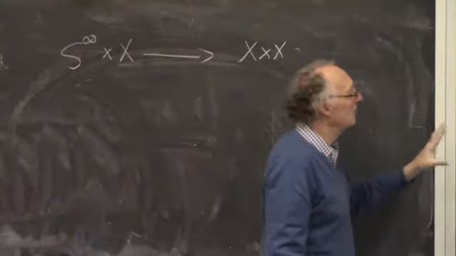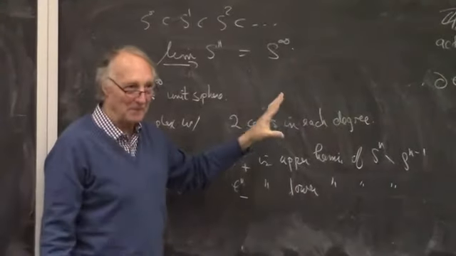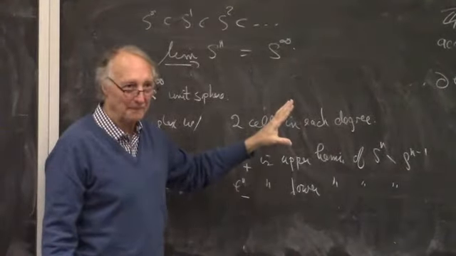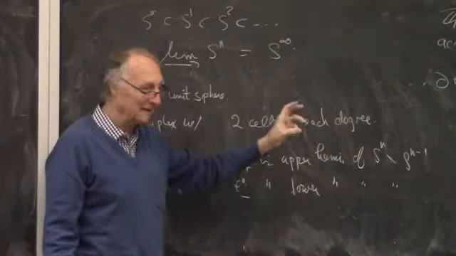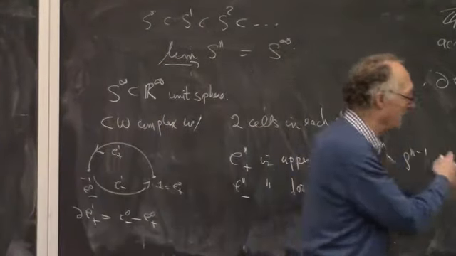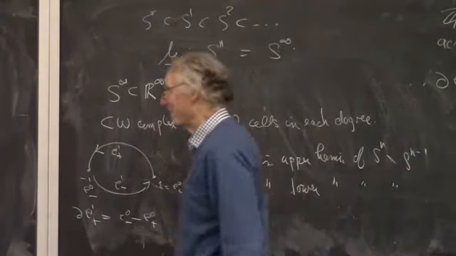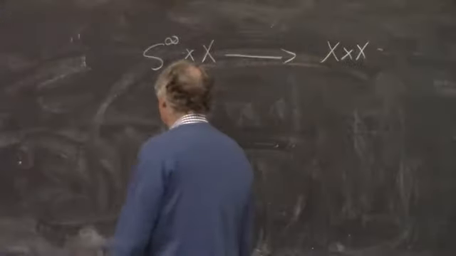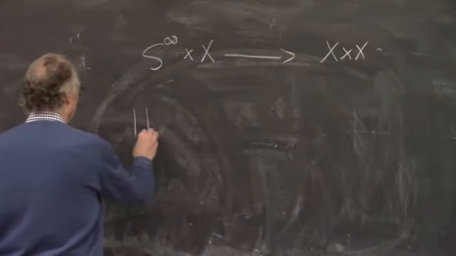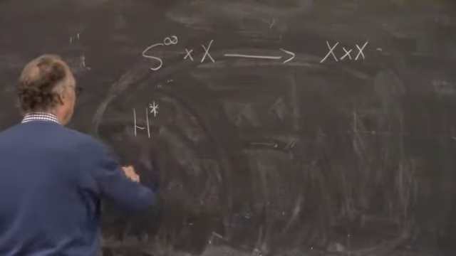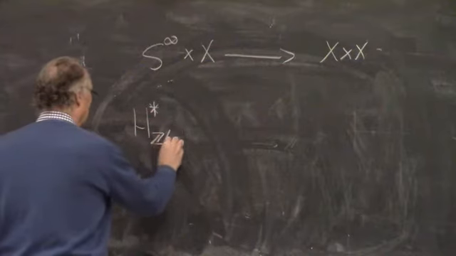This is a chain complex model for that map, and it's equivariant in the chain complex where you're flipping factors. So such an equivariant map produces a map on equivariant cohomology.